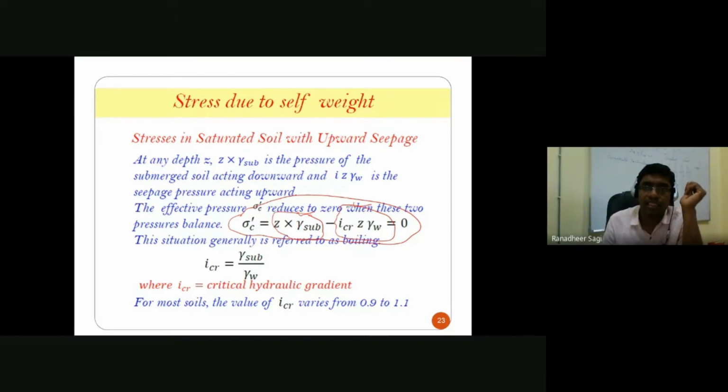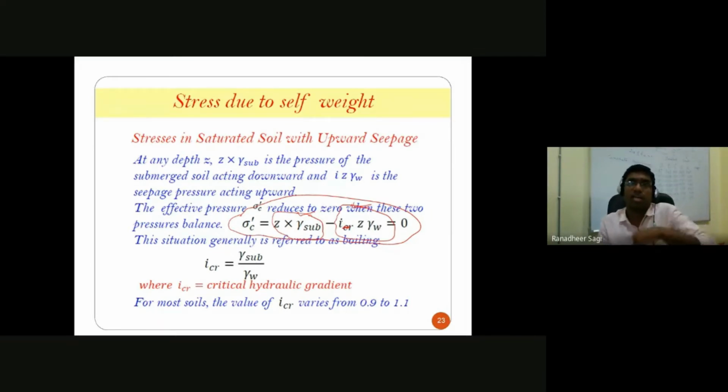And this is the pressure with regard to the seepage that is taking place in the soil. I need not refer to it as i critical every time, because I'll write i critical only when it is a critical state, where the corresponding i, the hydraulic gradient, is the critical hydraulic gradient.